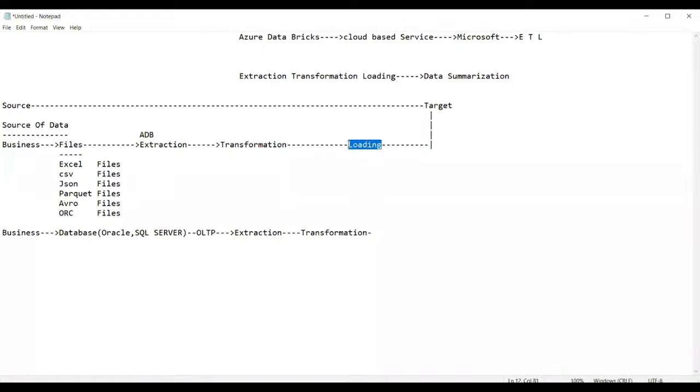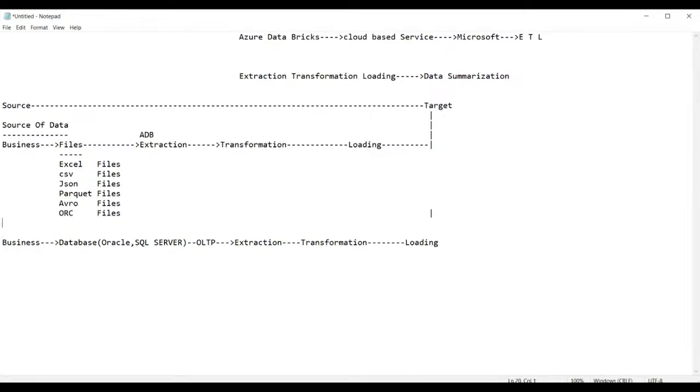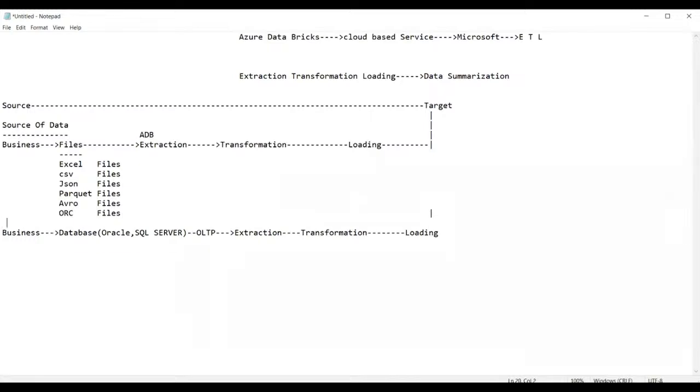Then loading will be done into the destination. This will be your destination.